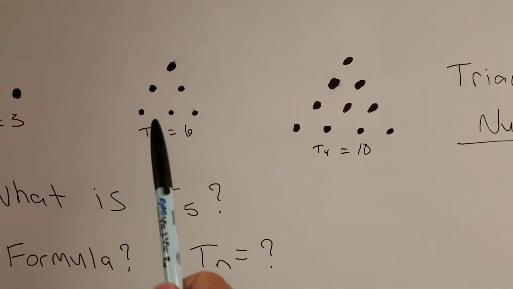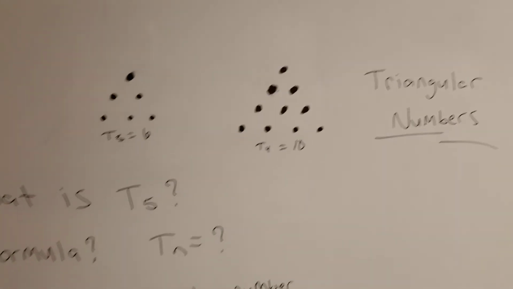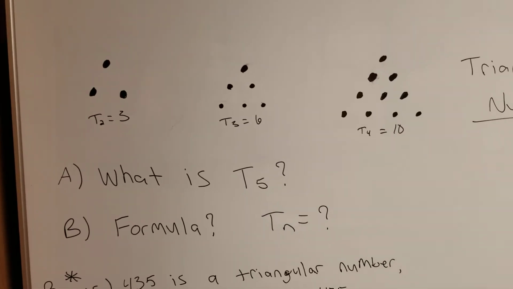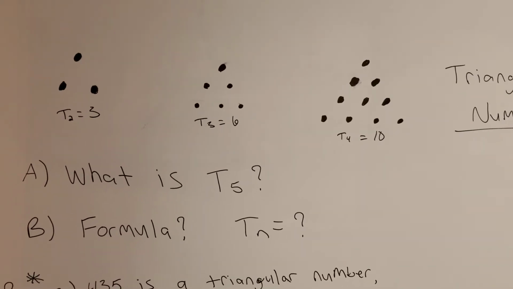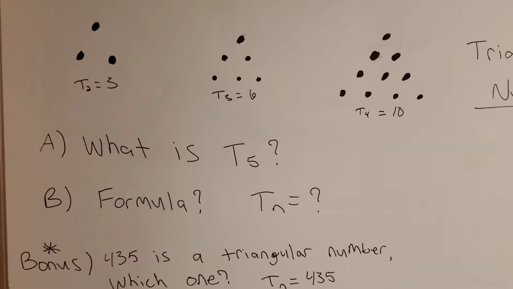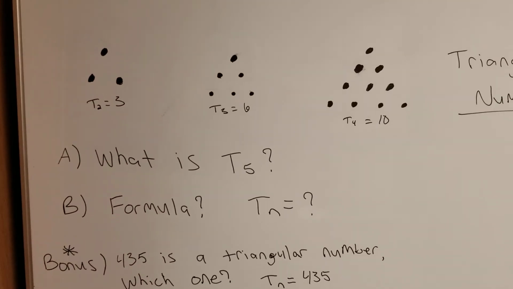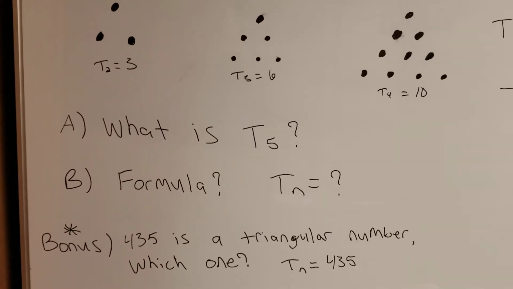Just like I have all these diagrams, how many dots are going to be in T5? Now you can just draw that out, of course, and copy the diagram as you see it. But in order to answer B, you're going to have to really understand the pattern that's happening in these diagrams, because for part B, I'm asking for a formula.